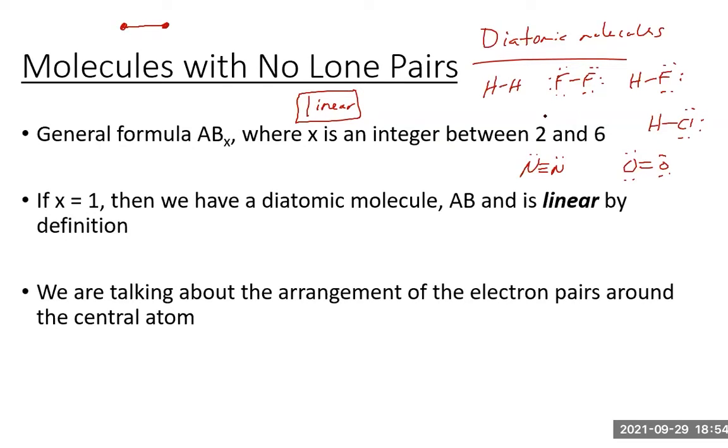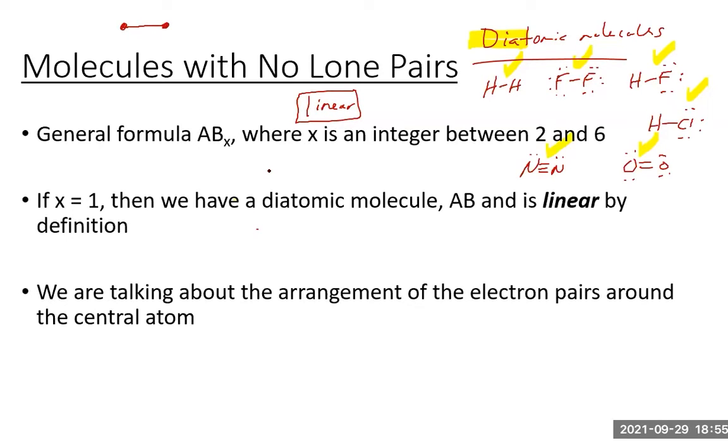As you can see here, every single one of these that I drew, the geometry would be linear. Doesn't matter if it's 2 the same, doesn't matter if it's 2 that are different, doesn't matter if it has a double bond or a triple bond. If there are just 2 atoms present, the geometry will always be linear. The only way to arrange them is in a straight line opposite of each other. Any questions on that one?